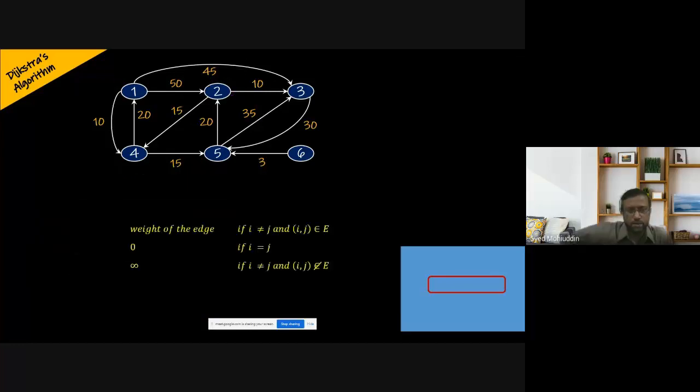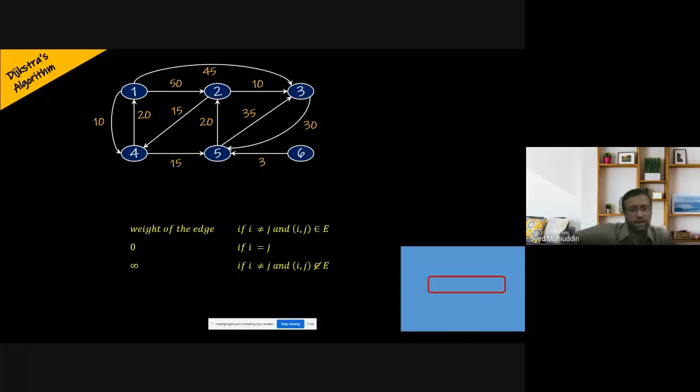So let us try to solve this problem. Now this is a directed graph with 6 vertices, and each edge is assigned a cost. Now we say cost or weight, which is similar, but remember that if there is no direct edge between two vertices, then the cost is infinite.